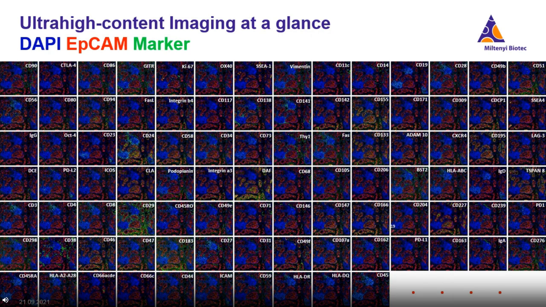This data was generated by our research and development using the MACSima, showing biomarker screening in pancreatic ductal adenocarcinoma. In each image, you observe an overlay of 3 markers, including DAPI in blue, EpCAM in red, representing the tumor signal, and the marker of interest shown as green signal.